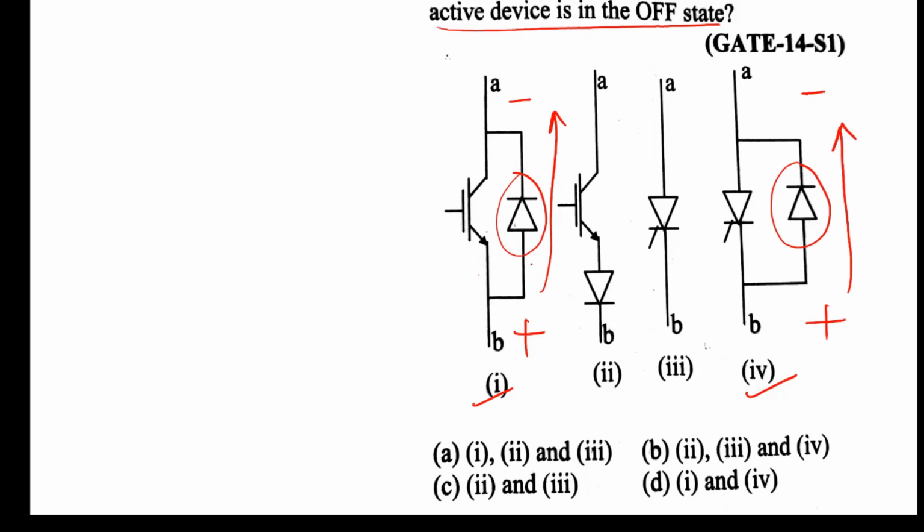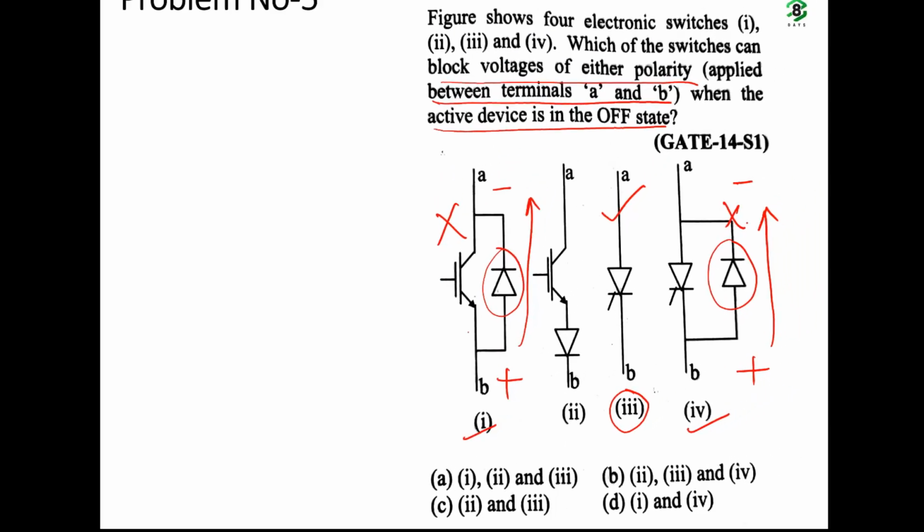So these two options are eliminated because they will not block this negative polarity of voltage. Now see option 3. In option 3 it is an SCR, and SCR is bipolar in nature, so it will block both polarities of voltage. So this is okay, it will block.